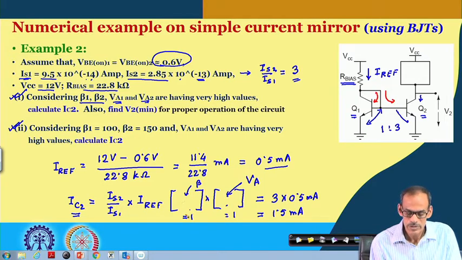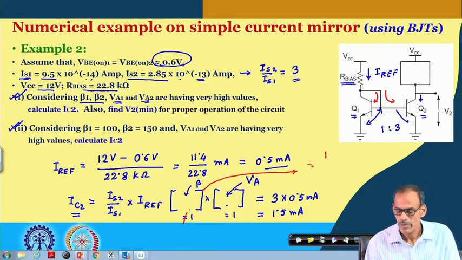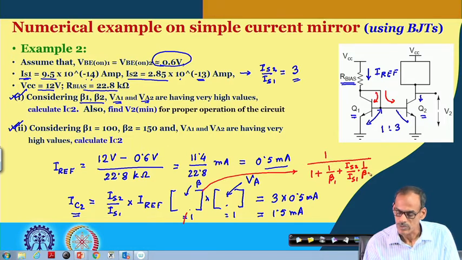So, this is no more equal to 1, and to get this non-ideality factor you may recall that this part is equal to 1 by 1 plus 1 by beta 1 plus IS2 divided by IS1 into 1 by beta 2.